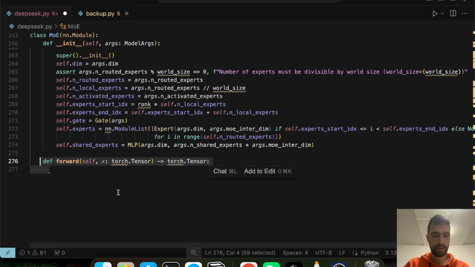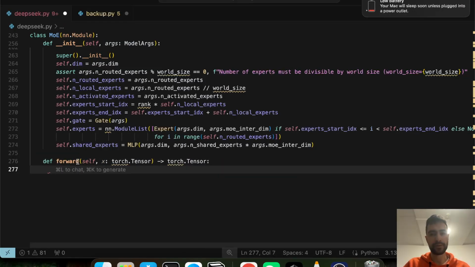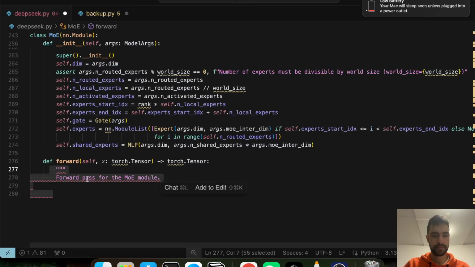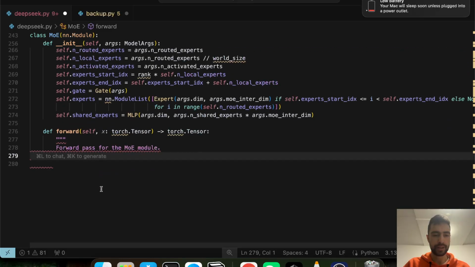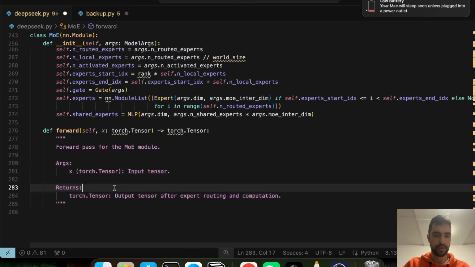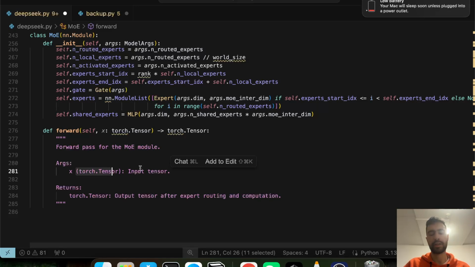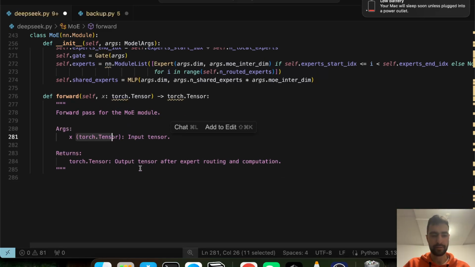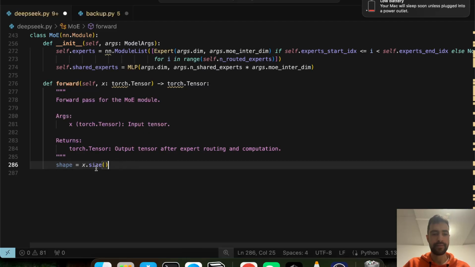Continue. Let's define the forward function. Forward pass of the MOE module. X, the input tensor, that's batch size, sequence length, vector embedding length. Save that shape for later.